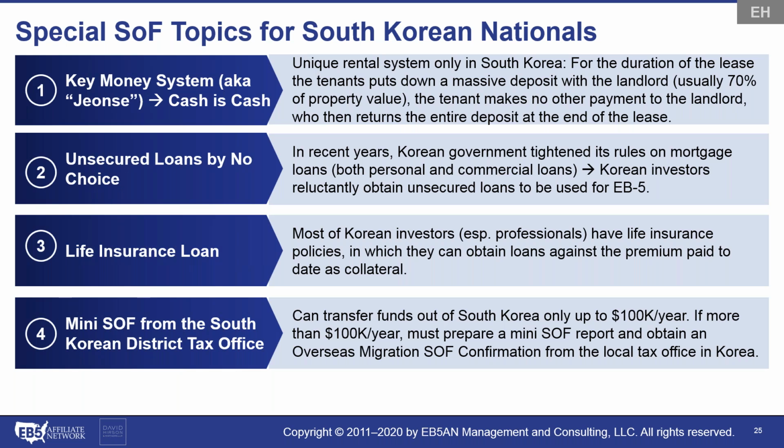It doesn't have to be like an EB-5 source of fund report, it is much simpler, but you still have to include some very important documentation to prove that all the sources of your funds are legitimately obtained and you paid all the required tax. As long as you can prove that, it is fairly easy to obtain the confirmation from the local tax office.